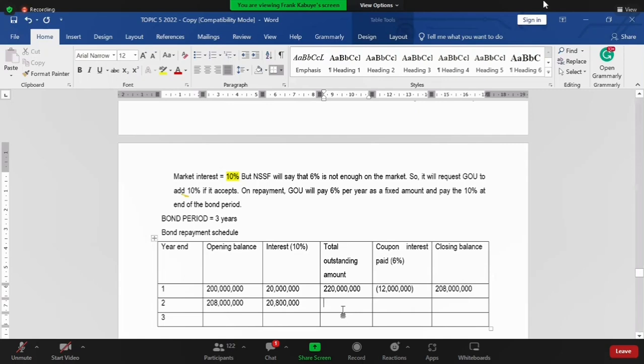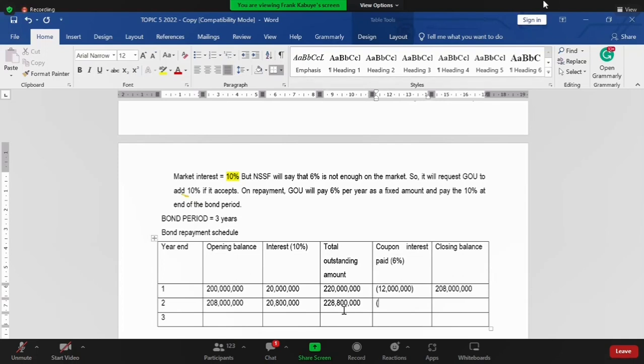So the total outstanding amount will be 228,800.